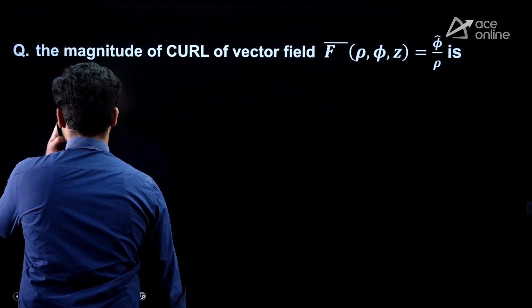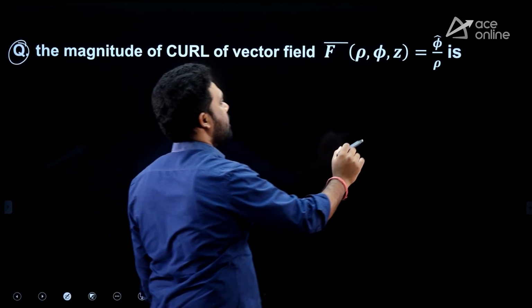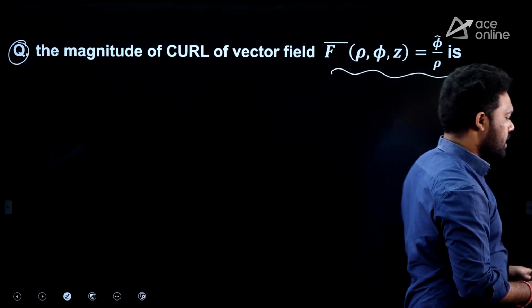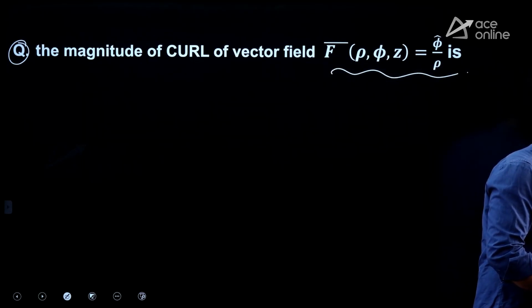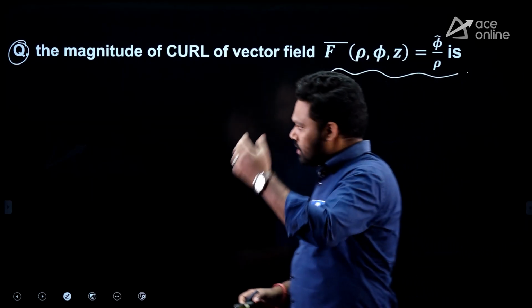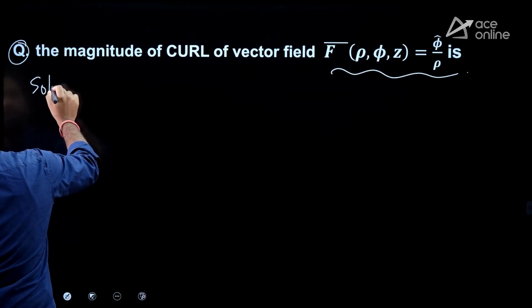One more question, guys. The magnitude of the curl of a vector field f of rho, phi, z is equal to 1 by rho into phi cap, is... Okay, friends. So this is in the cylindrical coordinate system. What is the curl formula in the cylindrical coordinate system?